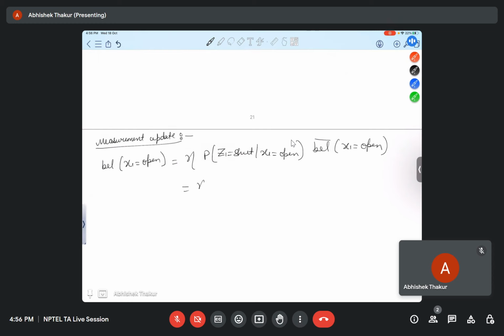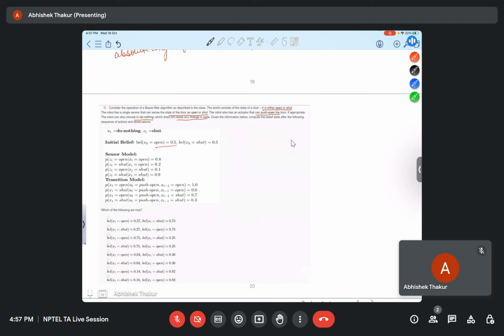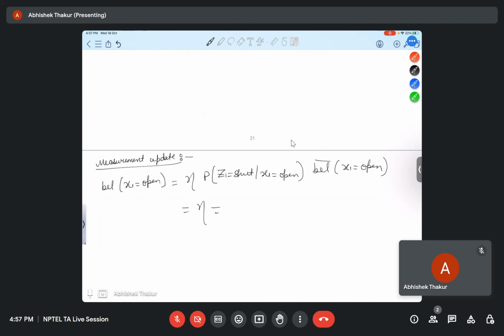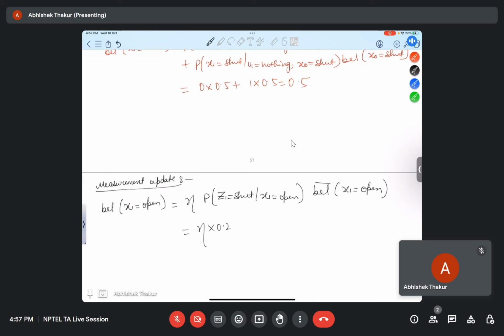So this probability of z1 is equal to shut such that x1 is equal to open is given as 0.2 in this question, and belief bar of x1 open is 0.5. So this is equal to 0.1 into eta.